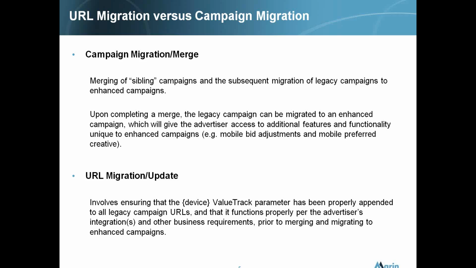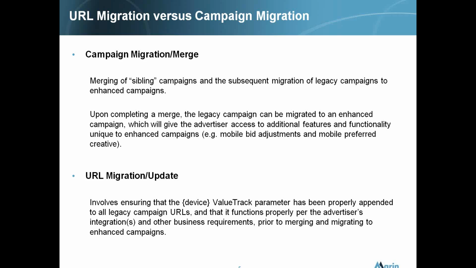The other term that we are hearing a lot and using a lot that may get confusing due to the word migration is around your URLs. So URL migration or update involves ensuring that the device ValueTrack parameter is appended to your URLs. This parameter, again, is what is going to allow you to track performance based on the different devices once you are running enhanced campaigns.